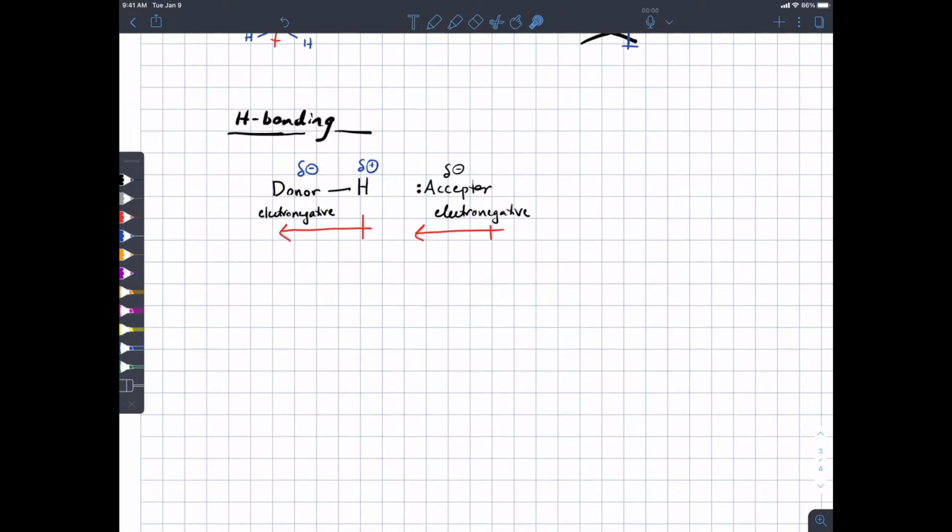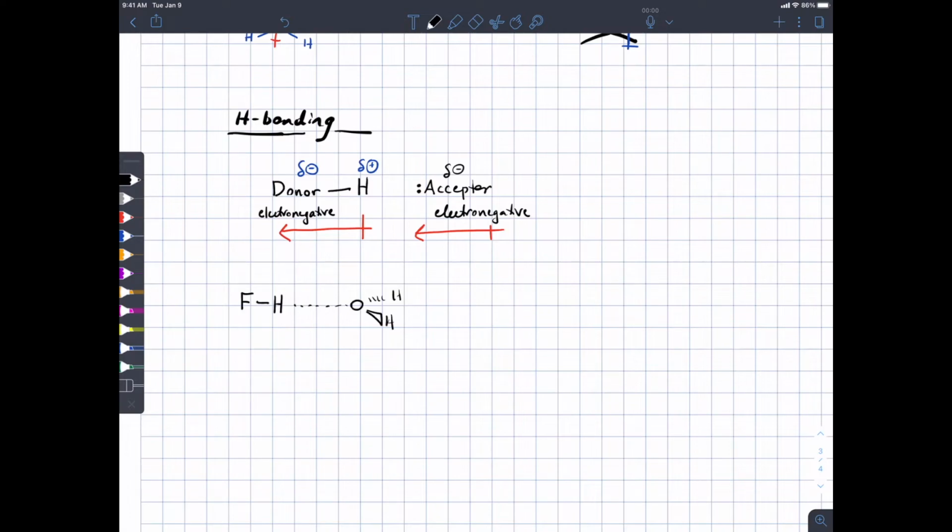So let's give you just a few examples of hydrogen bonds. Of course, we've talked about water. Here's HF, which is a particularly nasty thing. And then here's a water molecule.